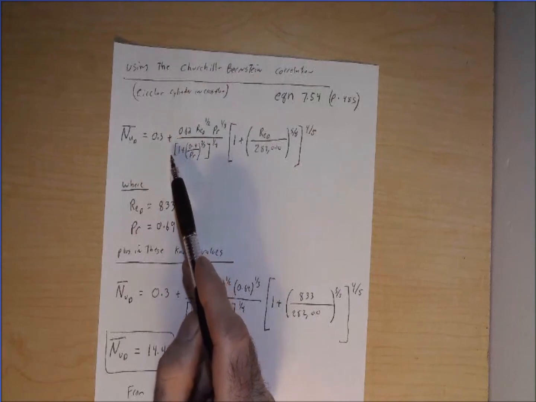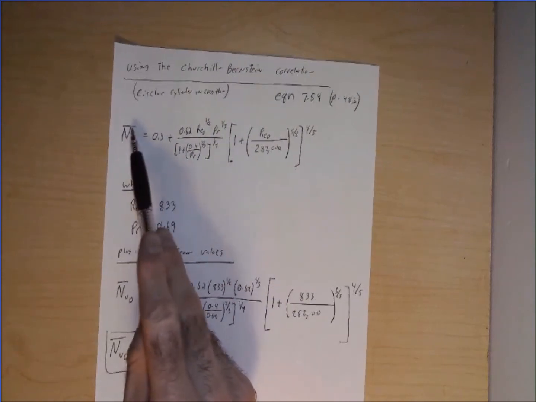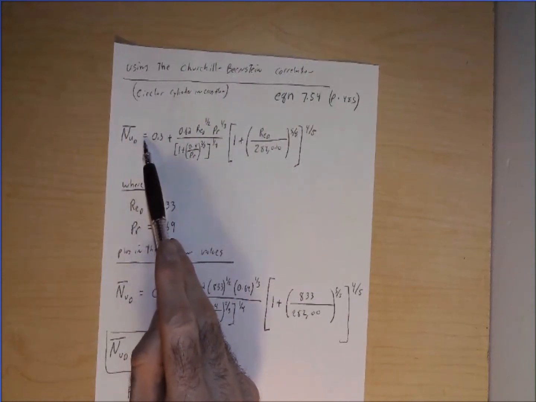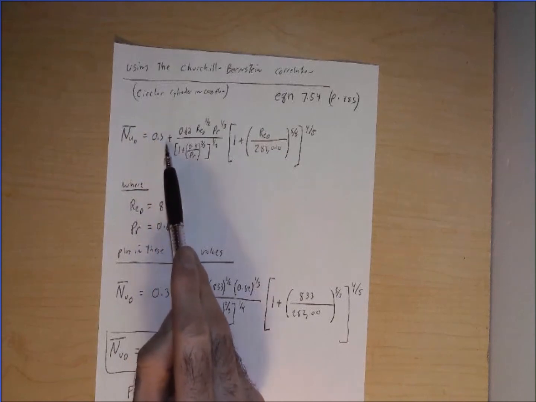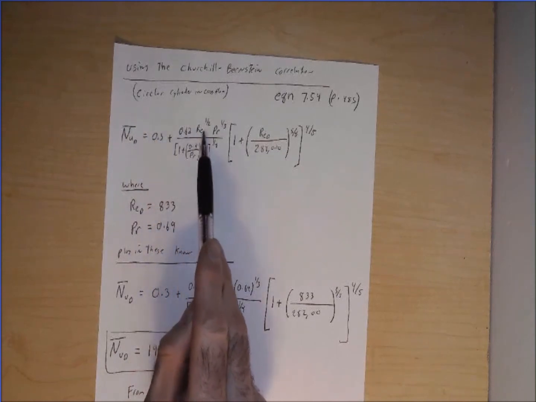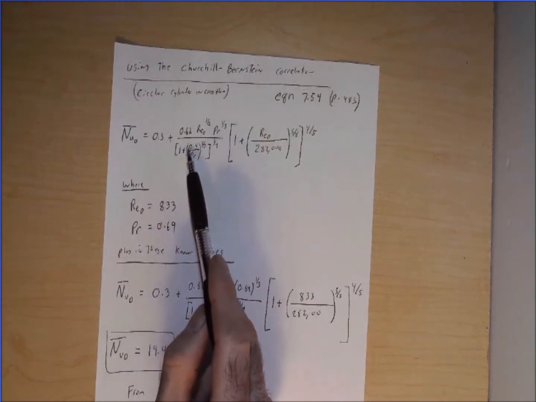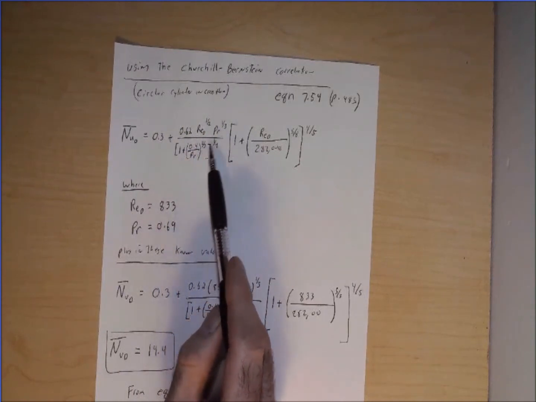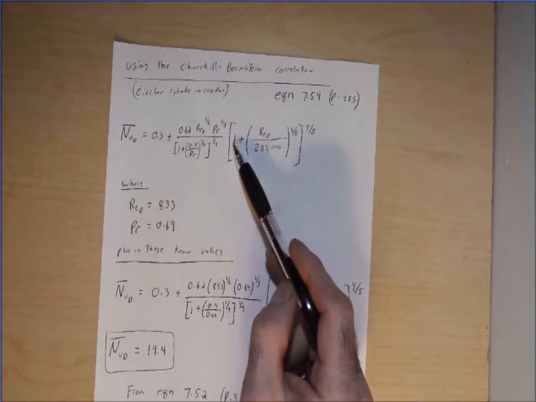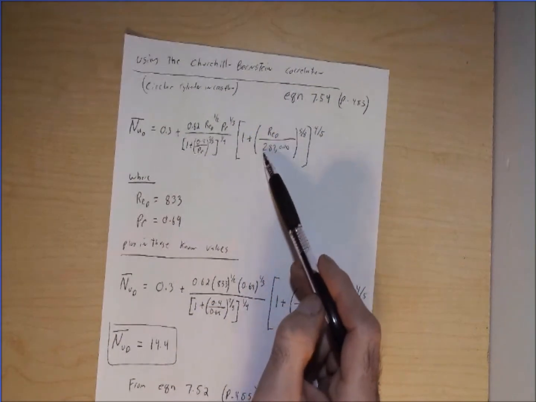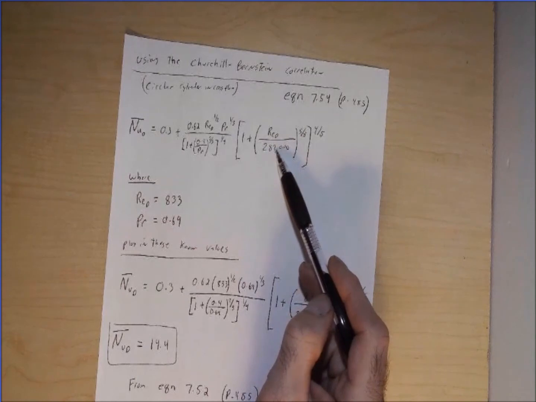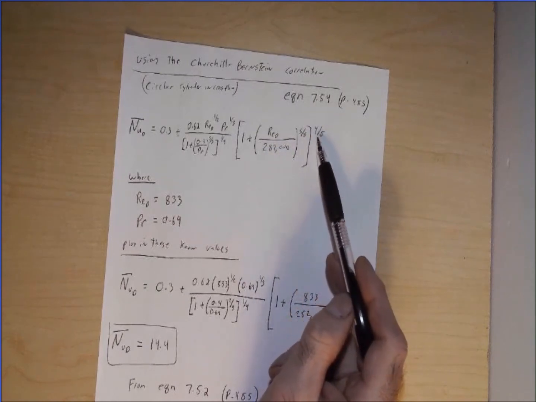So from equation 7.54, we have that our average Nu_D is equal to 0.3 plus 0.62 times the Reynolds number to the 1/2 times the Pr to the 1/3, all over 1 plus 0.4 over Pr to the 2/3, all to the 1/4, times 1 plus Re_D over 282,000 to the 5/8, all to the 4/5.